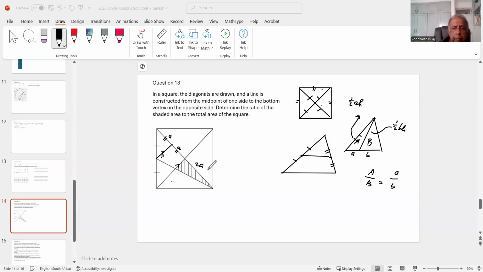This side here is 2A. And this whole thing here is 2A also.